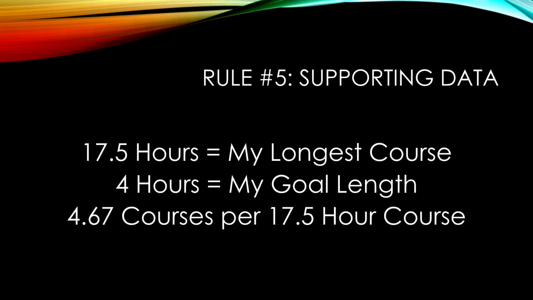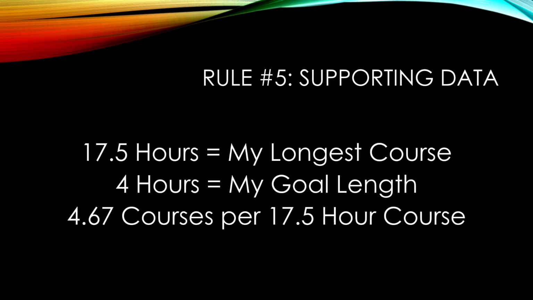Now, on Udemy, you make money by selling courses, not by selling hours. My point is that I think, although my 17.5 hour course is doing very well, I might be able to do better with 5 shorter courses.